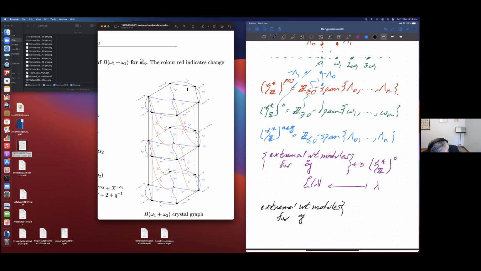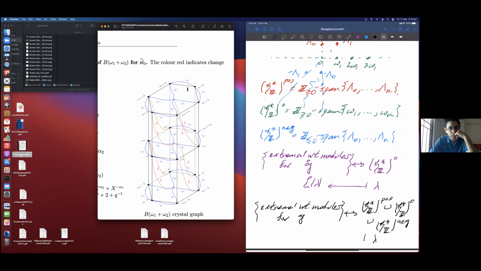Now I take all three sets: the positive cone union the 0 plane lattice union the negative. And each lambda here corresponds to an extremal weight module, which I will call L lambda.